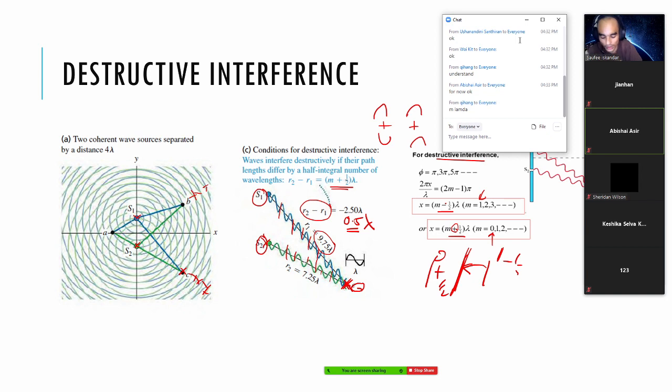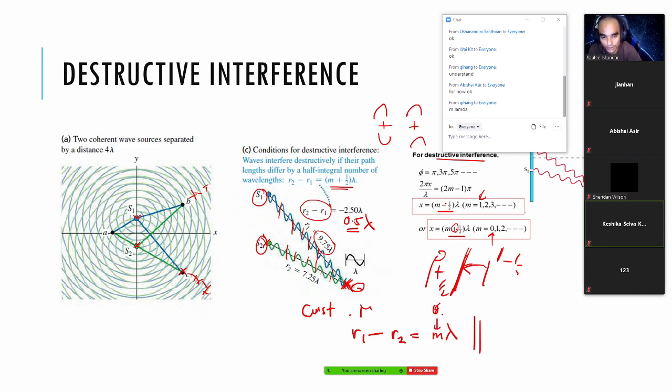Okay, so for constructive interference, I repeat, R1, the first length, actually we call this the optical path, minus the second optical path R2 equals to m lambda. This is for constructive. M can be 0.